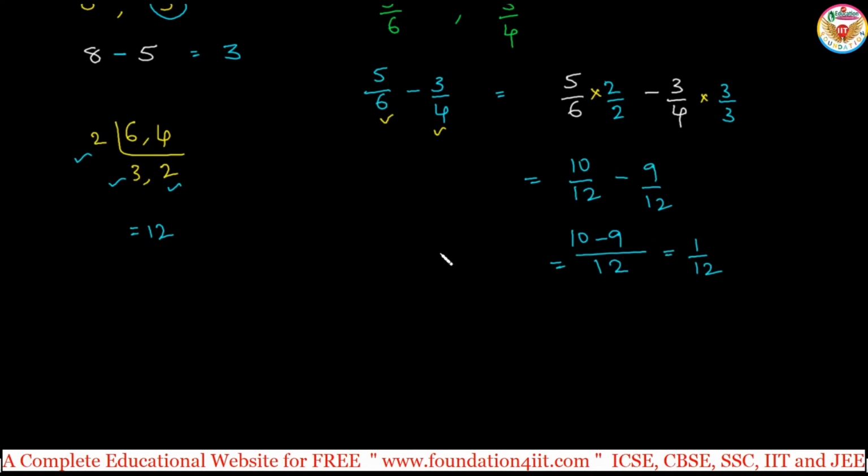Let us see a few more problems on subtraction of rational numbers, using word problems also. So the question is: subtract minus 5 by 8 from minus 7 by 12.